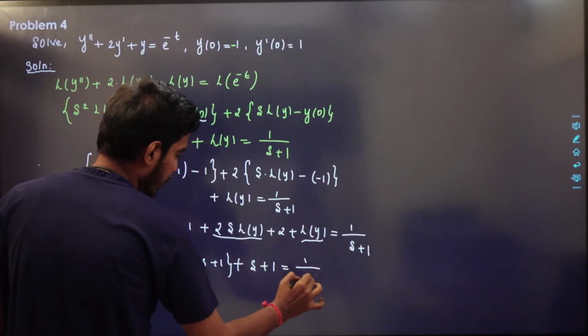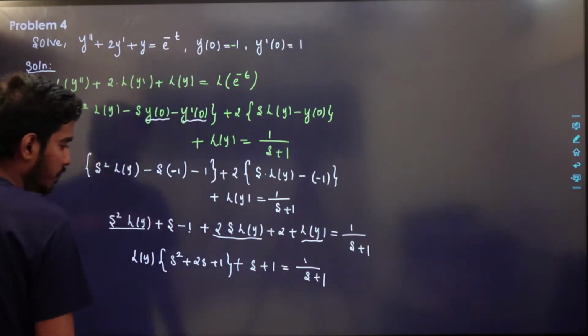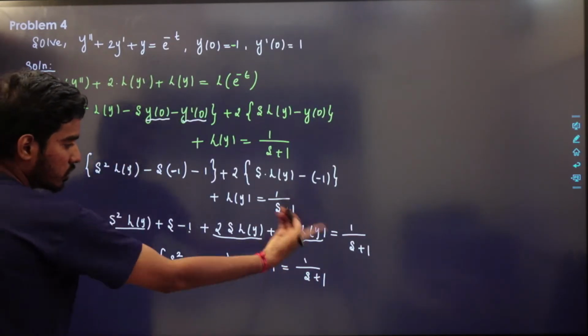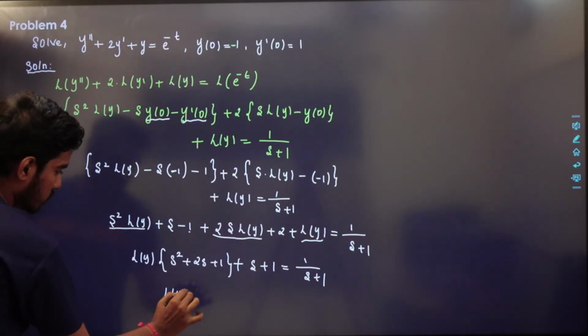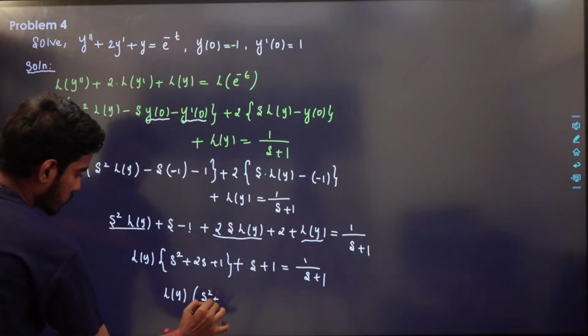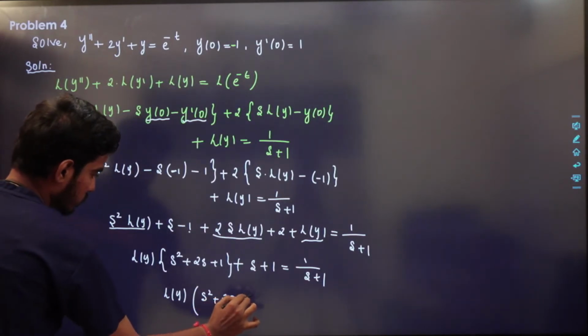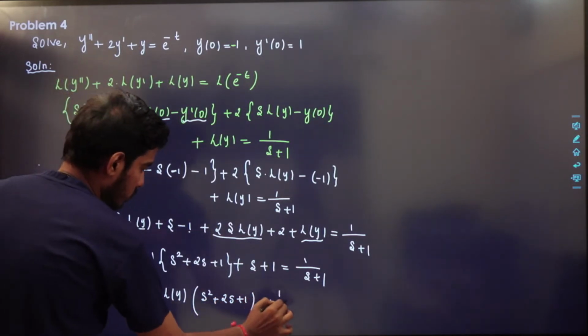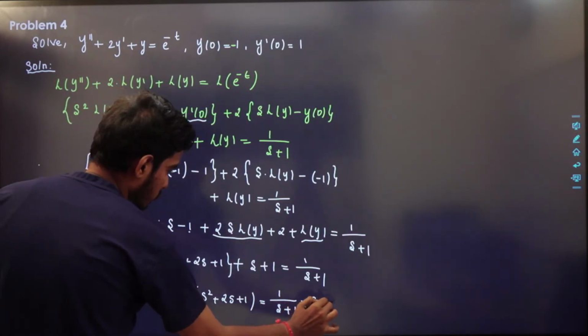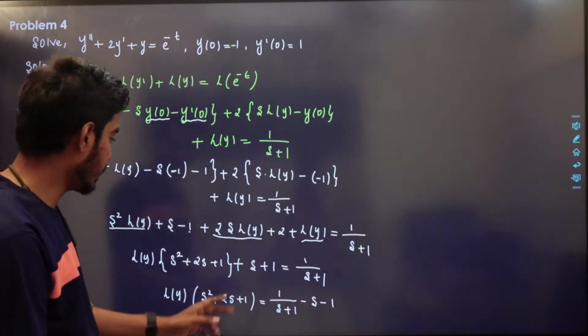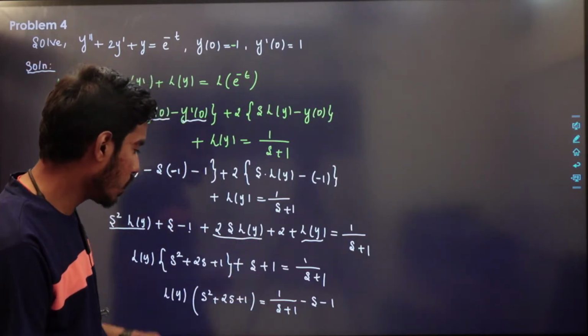So we have 1 by s plus 1. Now take these two terms to that side. So we will have minus s minus 1.